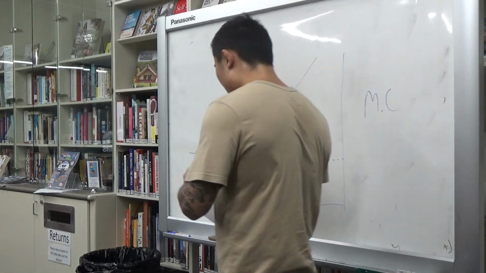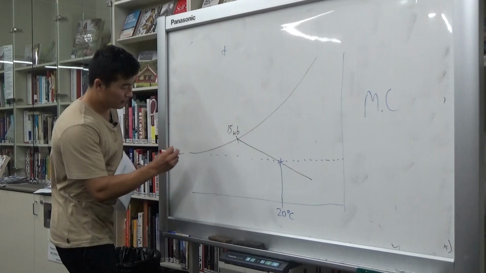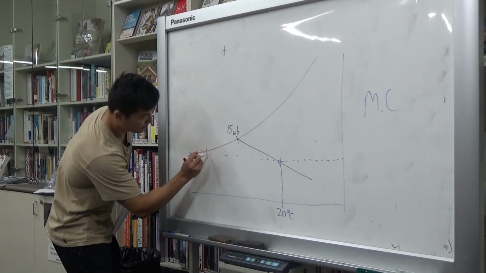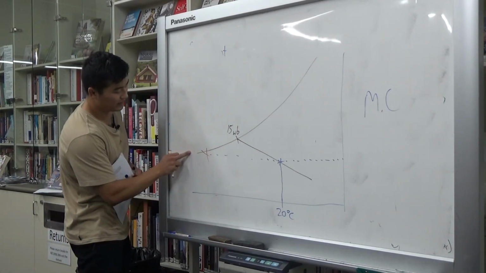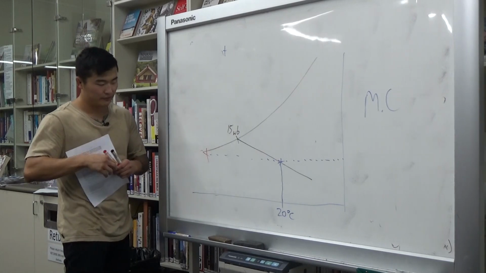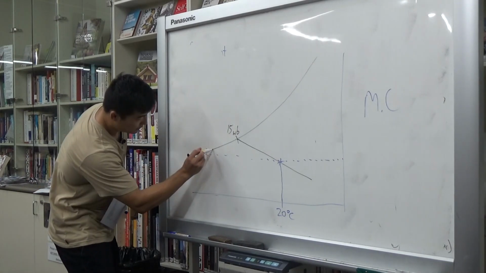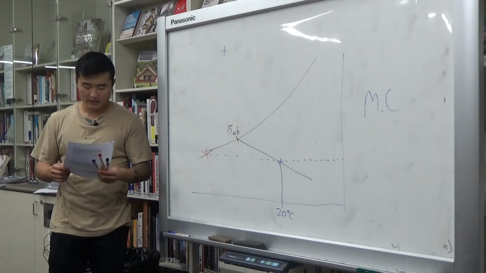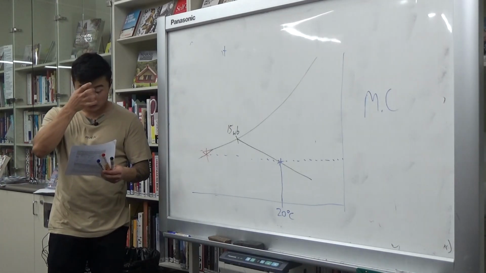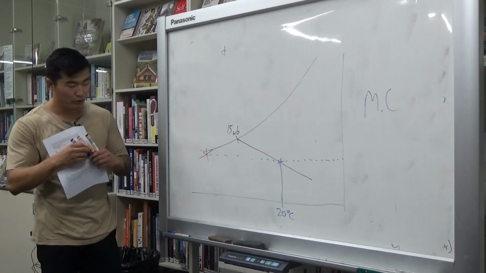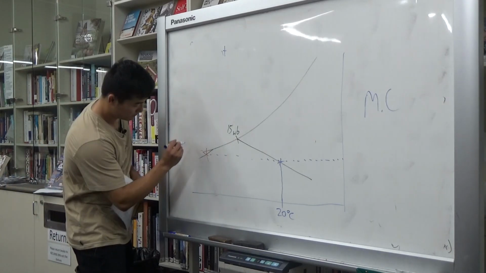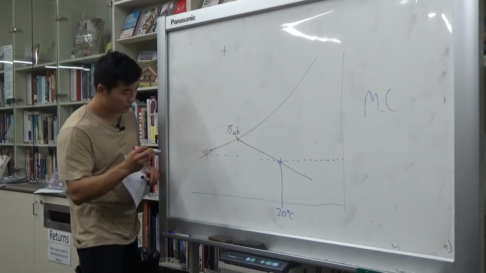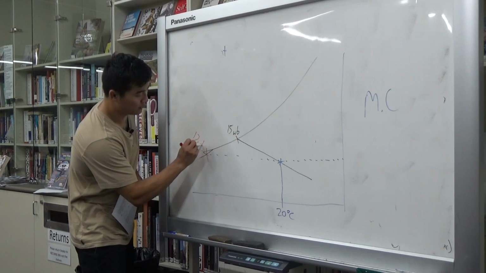And if you do that, this point here, where it intersects with the 100% relative humidity line, is going to be your dew point temperature. So that's going to be 12.